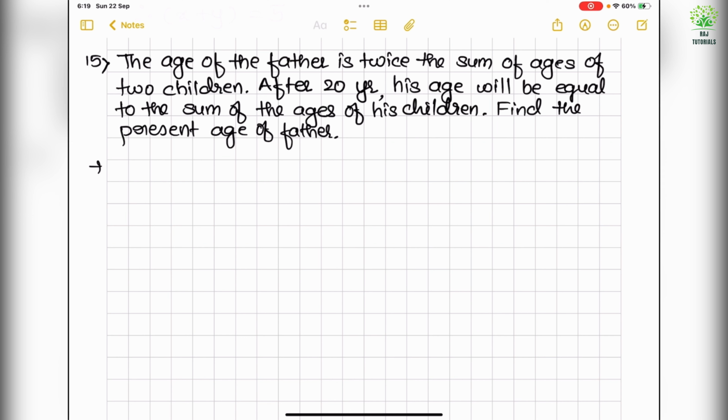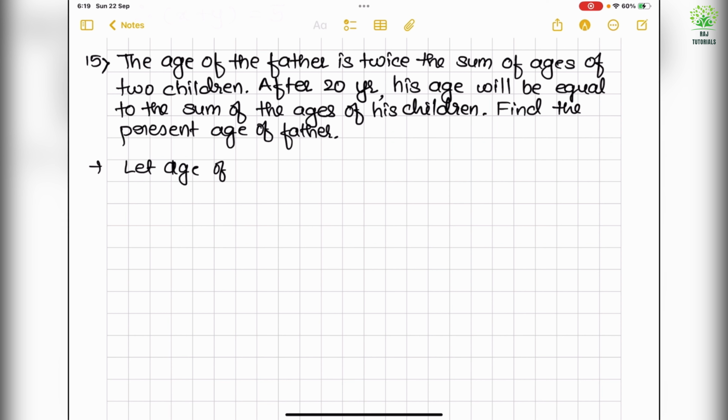Next question says the age of the father is twice the sum of ages of two children. After 20 years, his age will be equal to the sum of the ages of his children. Find the present age of father.